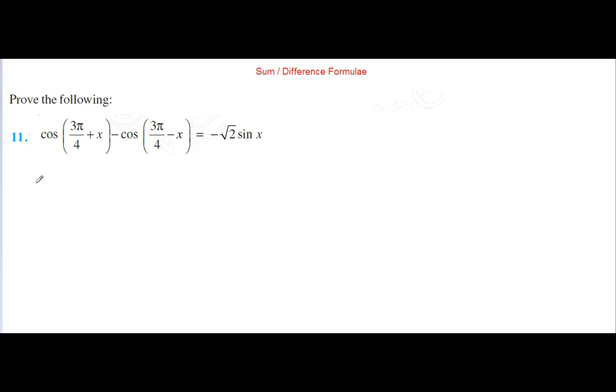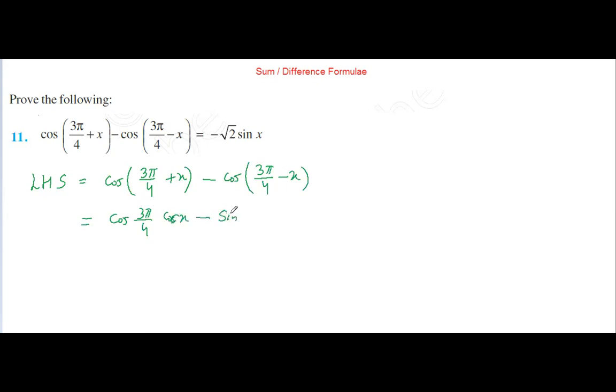So left hand side is equal to cos of 3 pi by 4 plus x minus cos of 3 pi by 4 minus x. Cos x plus y form. So it is cos x cos y minus sin x sin y form.